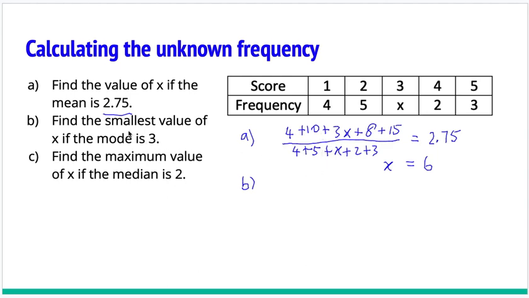Now, if the mode is 3, then x must be the highest frequency. Since the highest number here is 5, x must be more than 5. So the smallest value that x can be is 6.